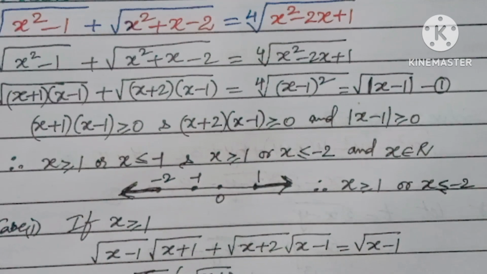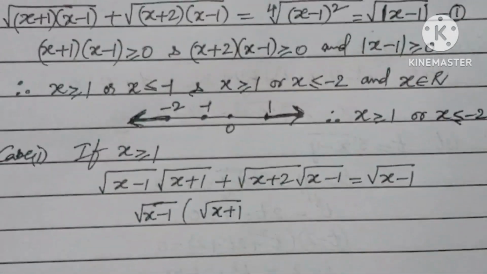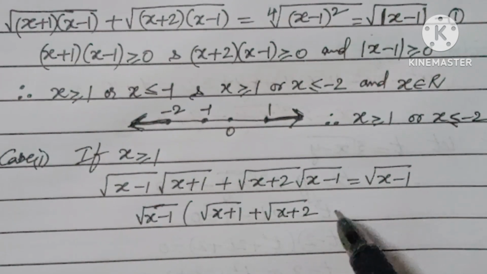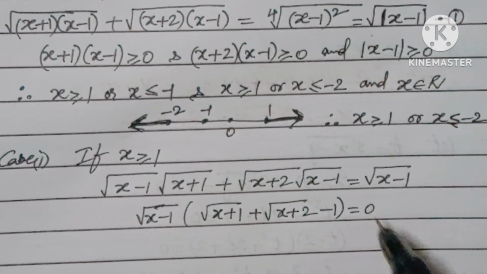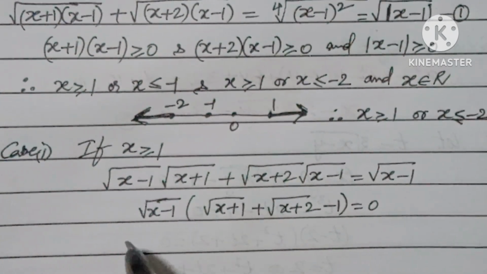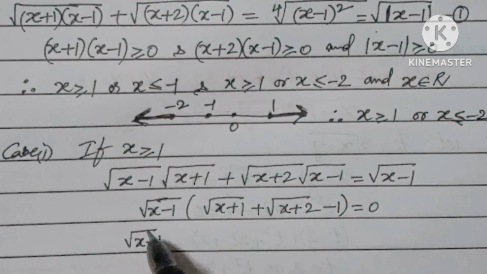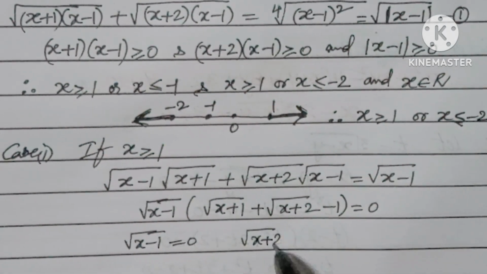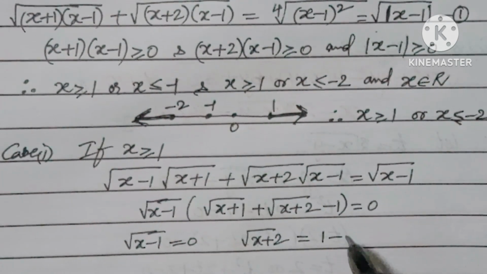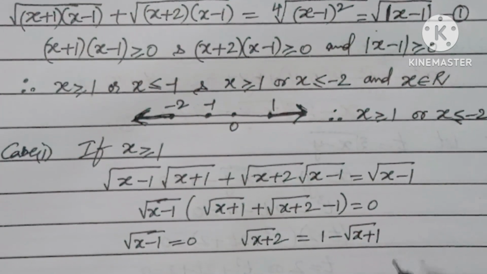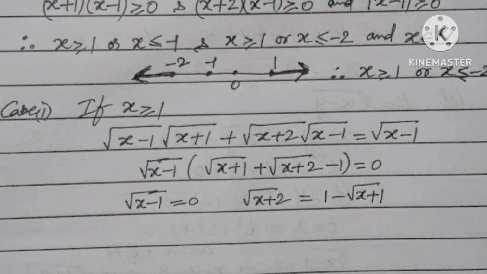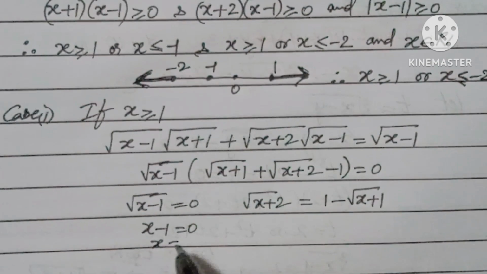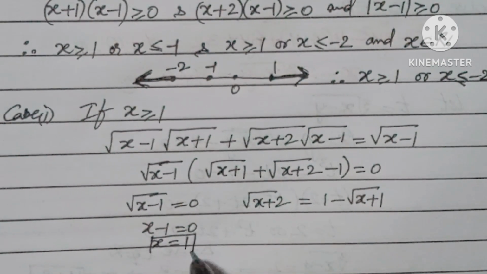Root of x plus 1 plus root of x plus 2 minus 1 equal to 0. From this you can write root of x minus 1 equal to 0, or root of x plus 2 is equal to 1 minus root of x plus 1. Now x minus 1 equal to 0, so x is equal to 1.